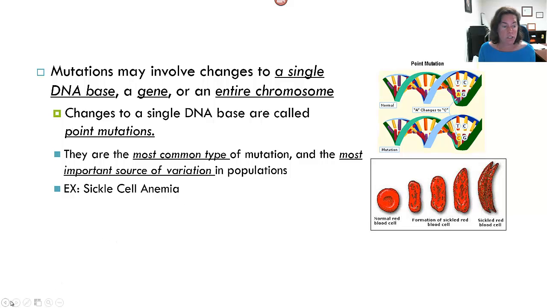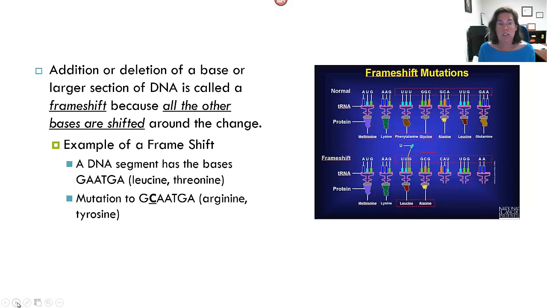Mutations can also involve the addition or deletion of a base or larger sections of DNA. This is referred to as a frame shift mutation because all the other bases are shifted around the change. An example of a frame shift mutation, let's say we have a DNA segment GAA TGA.